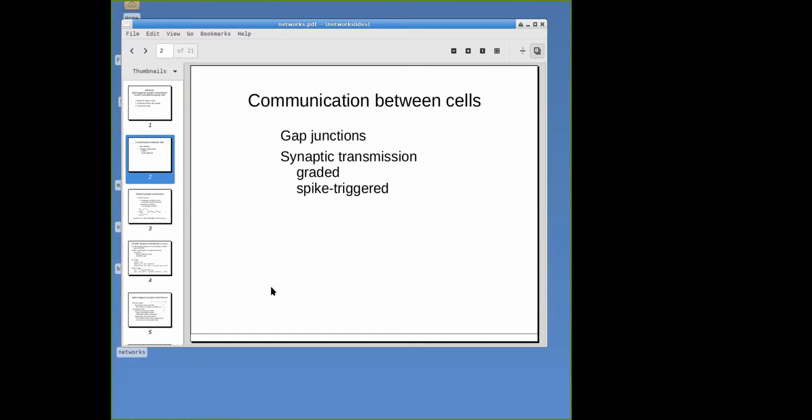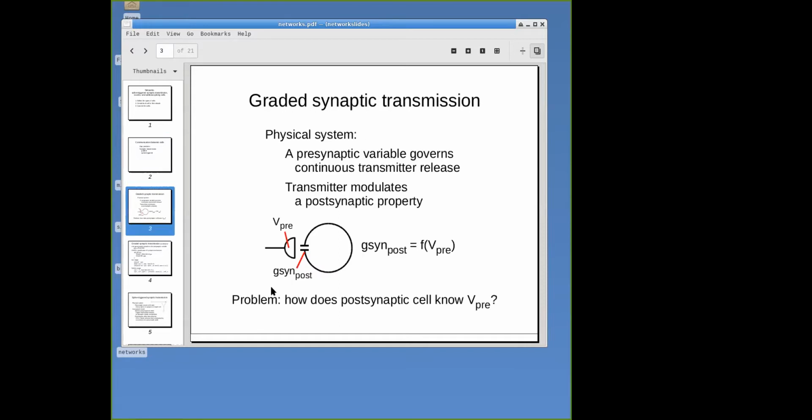Okay. So let's take a look at synaptic transmission, skipping over gap junctions for the moment because the way we manage those is very similar to the way we deal with graded transmission. What's graded synaptic transmission? Well, in the retina, there are synapses which release transmitter all the time, and the rate at which they release transmitter is actually a function of presynaptic calcium concentration.